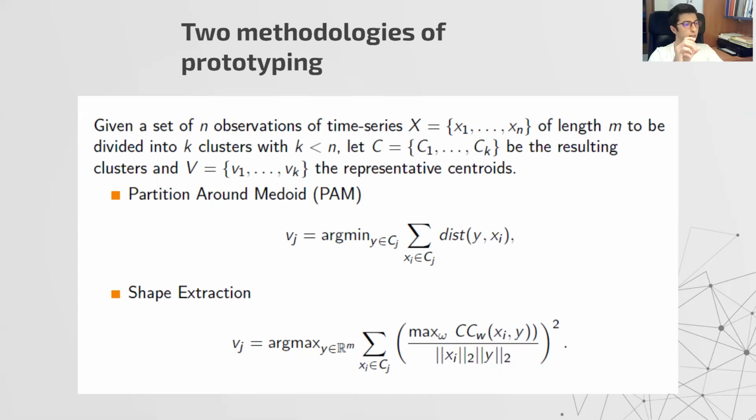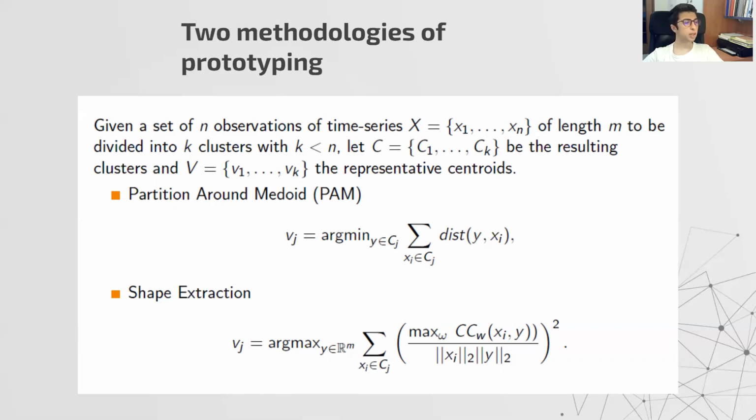So this is the main difference. The first approach chooses a point inside the cluster j. The other approach takes a point that is not inside the cluster that we are considering.